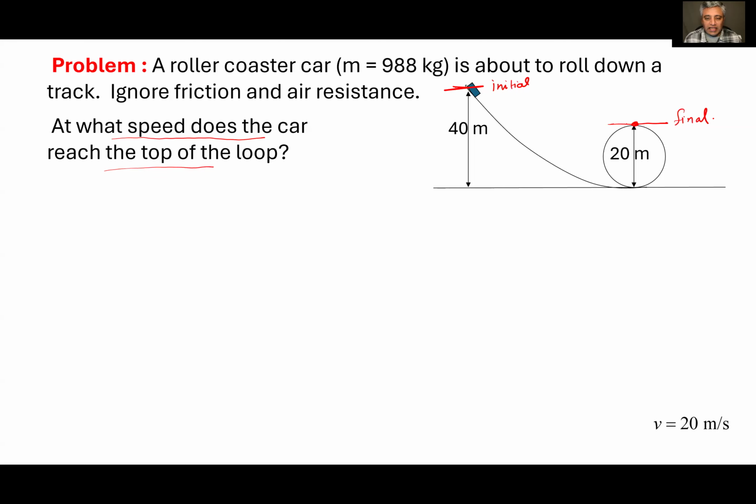Last class, we looked at an example where we used a reference line either at the initial position or at the final position, or a reference line passing through either the initial position or the final position.